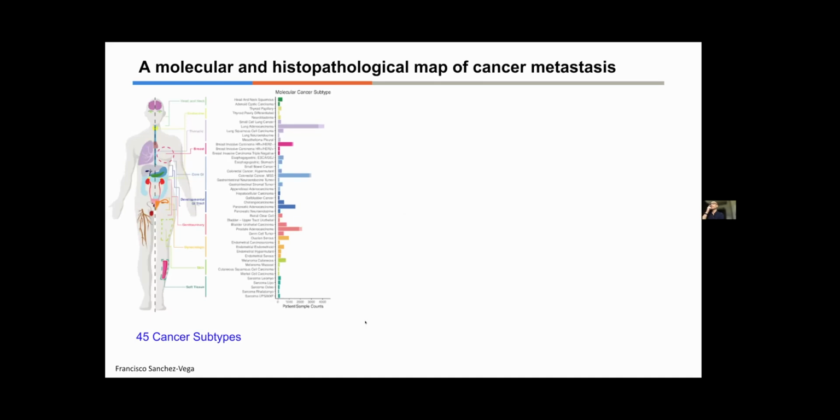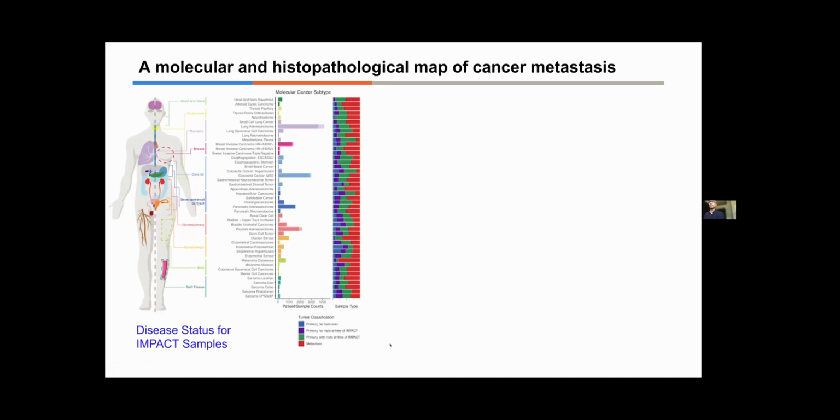This is a prior version of what's shown in the paper, but the results still hold the same. This is really a resource to show what type of cancers are most prevalent at MSK. So, we've taken many different cancers and broken them into different specific disease types here with the sample counts.